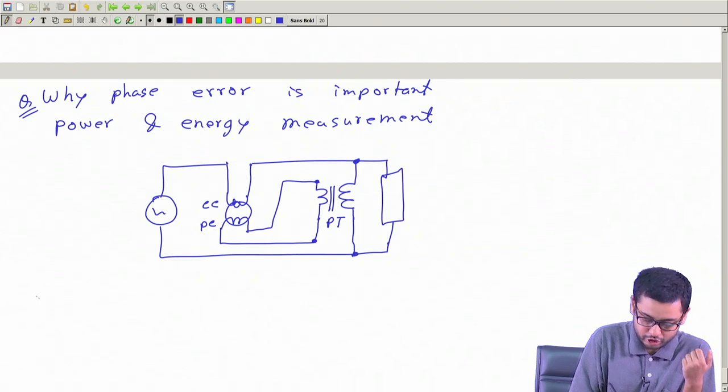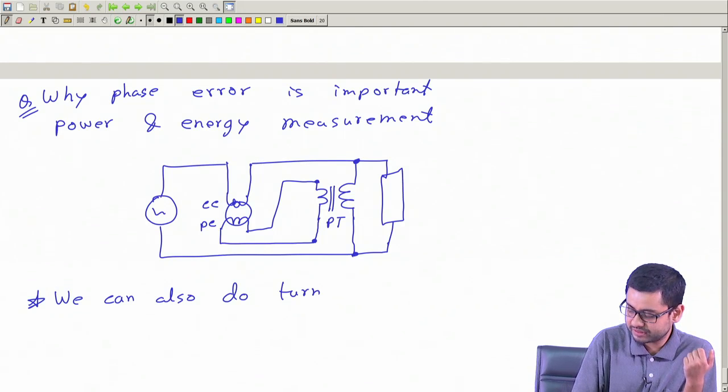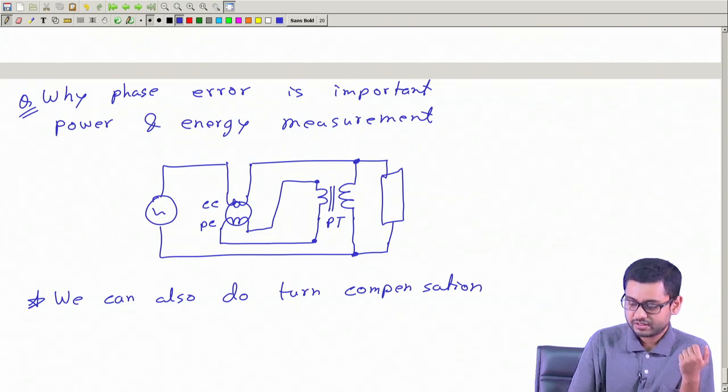Then we can also do turn compensation. How?